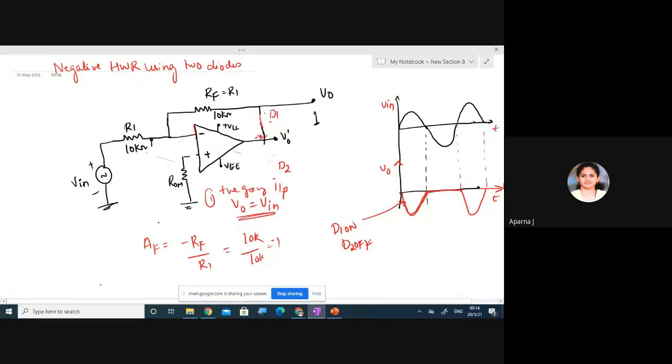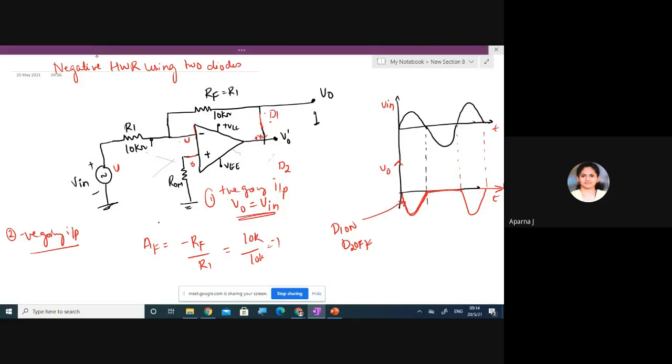Similarly, we can analyze for the second case, that is, for negative going input. So when we apply a negative going input here, this voltage is more negative, whereas this is 0 volts. So the output will be plus Vsat.